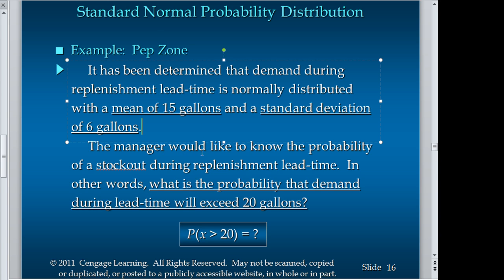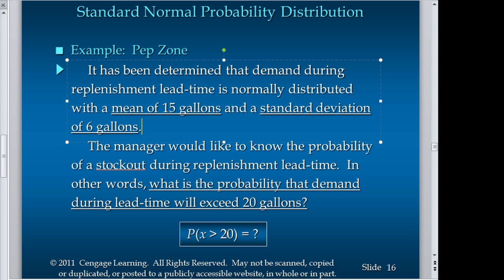And the manager would like to know the probability of a stockout during this lead time. In other words, what would be the probability the demand during this time will exceed, which is more than, 20 gallons?